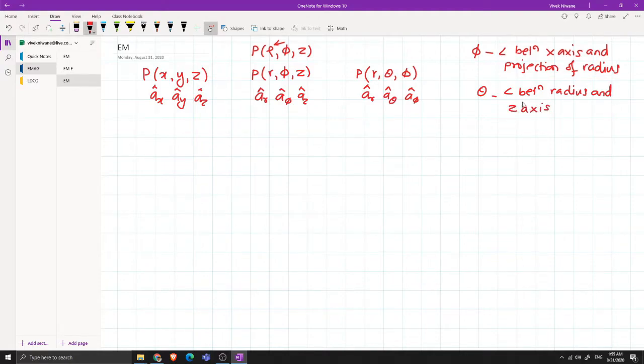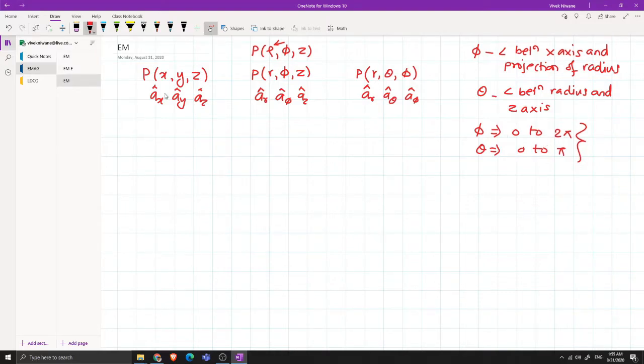Even if you don't remember this, it doesn't make any problem. But do remember that phi varies from 0 to 2 pi, this is important, and theta varies from 0 to pi. You have to remember these 2 points. Until and unless it is mentioned in the numerical, we are going to use these limits to solve the integration part.